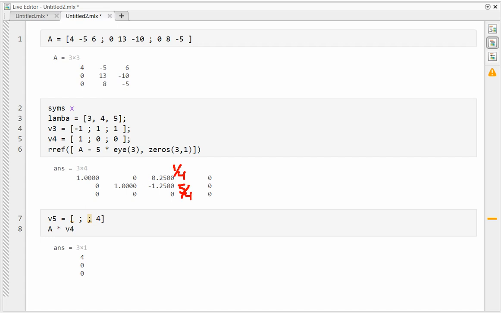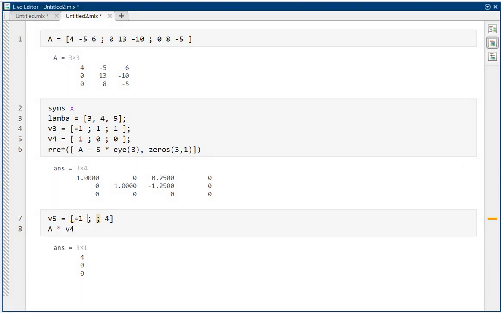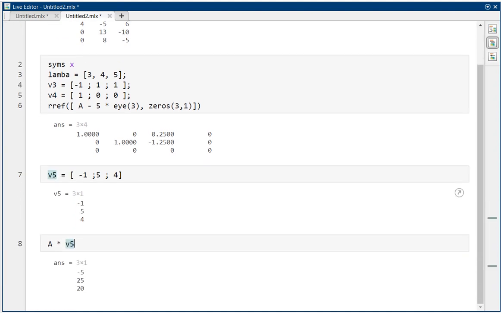But when they get moved over, this is the one that'll be negative. So I think this will work: -1 and 5. And then let's check it out. And you see that this did in fact work.